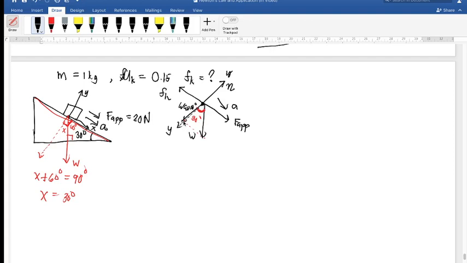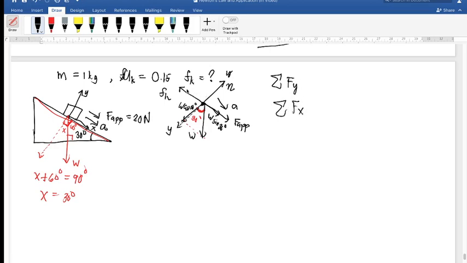And this one is actually the weight sine 30 degrees. Since it is a force, we put it in our free body diagram. And then that's it. We can now find the summation of forces along y and x. Okay? So summation of forces along y and the summation of forces along x.